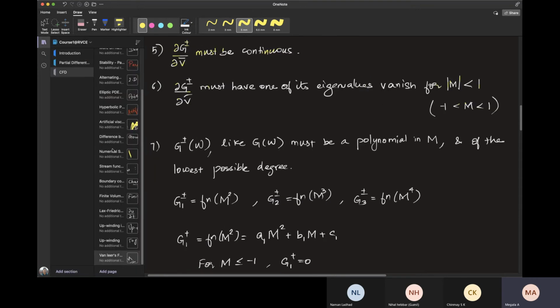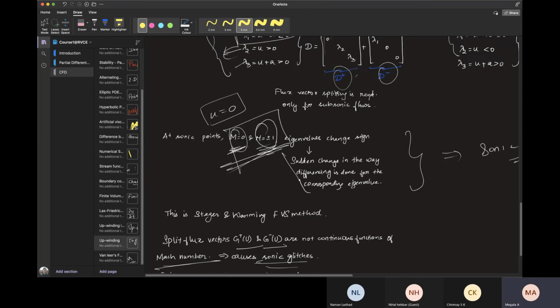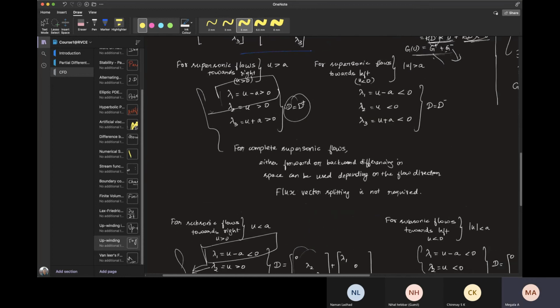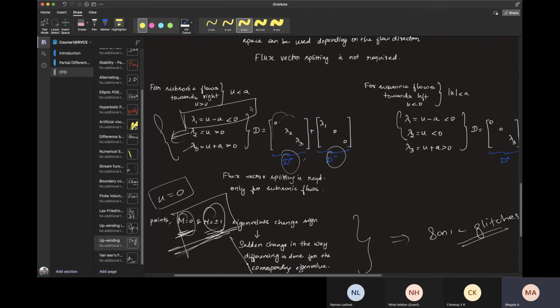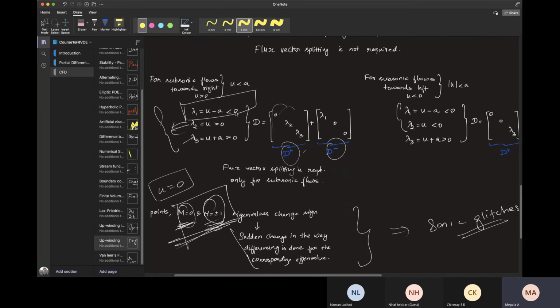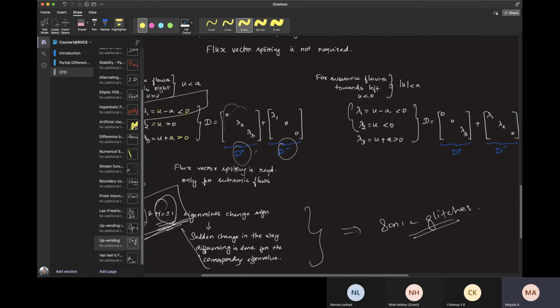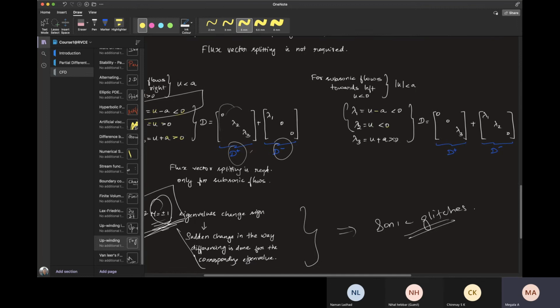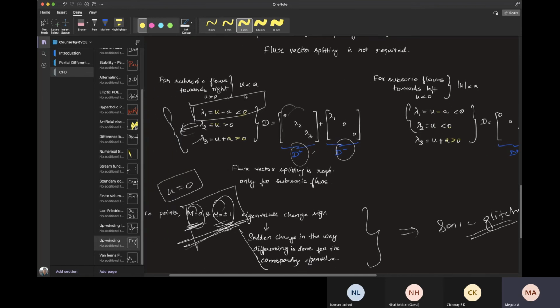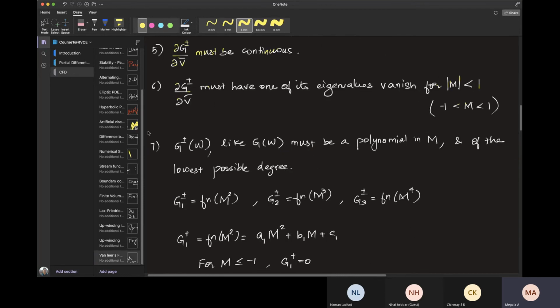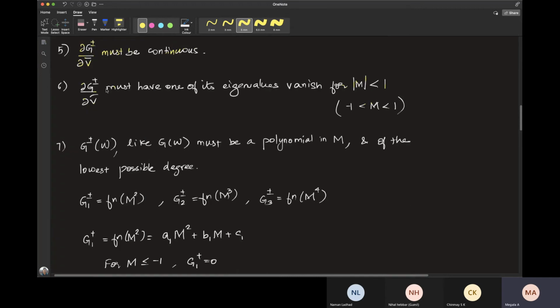So we saw previously, for the subsonic flow case, for flow towards right, one eigenvalue is negative and the other two are positive. For flow towards left, two are negative and one is positive. It's like for either of the directions, one of the eigenvalues has a different sign from the other two. That is some inference for subsonic flows, and he puts that as one condition.